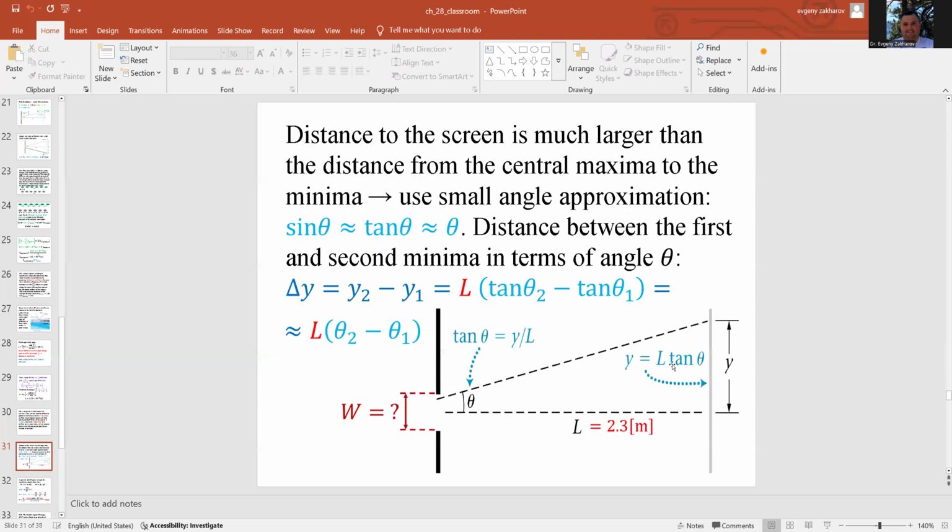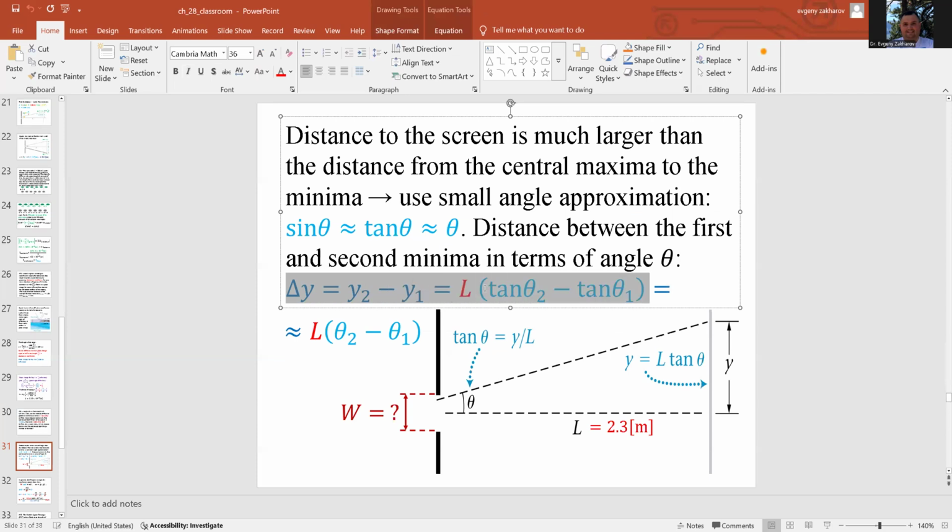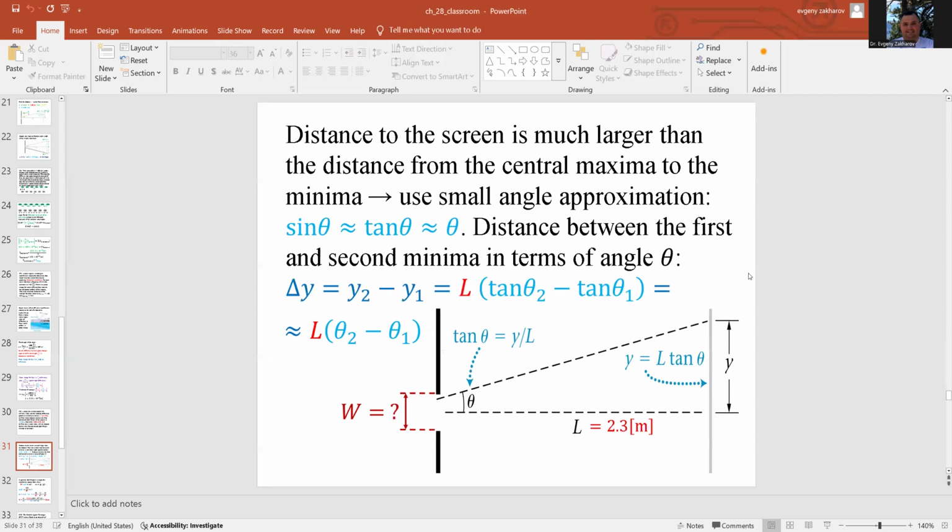We have the difference in the vertical distances being given. That's 12 centimeters. So solving for the missing parameter, the delta y is L tangent theta 2 take away tangent theta 1. You get the missing angle. So instead of a tangent, I'm just going to go with the angle by itself. And once again, it only works for small angles. For small angles, that would be up to, say, 10 degrees, 15 degrees at most.